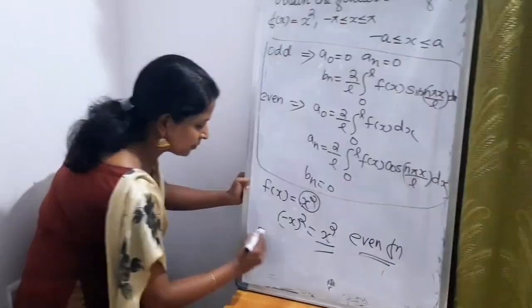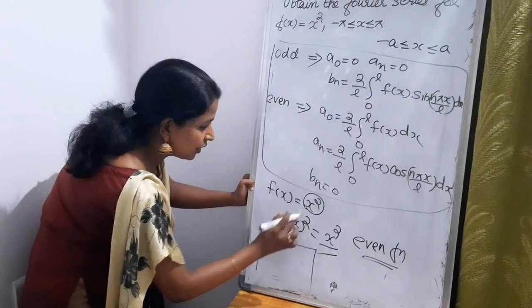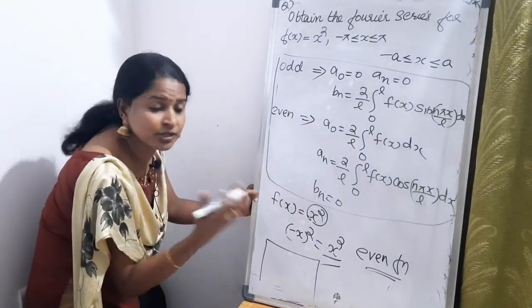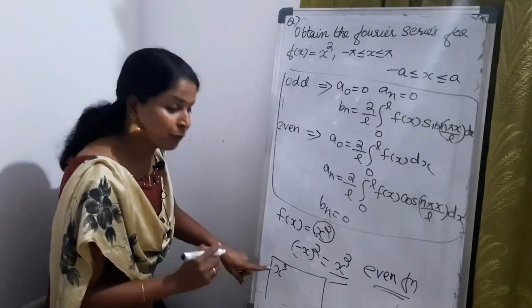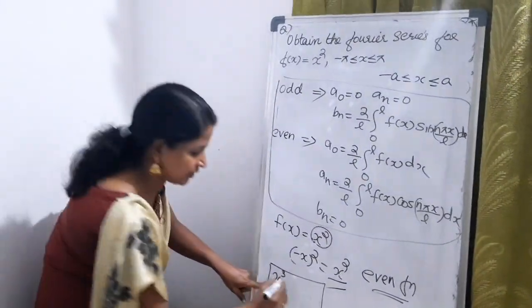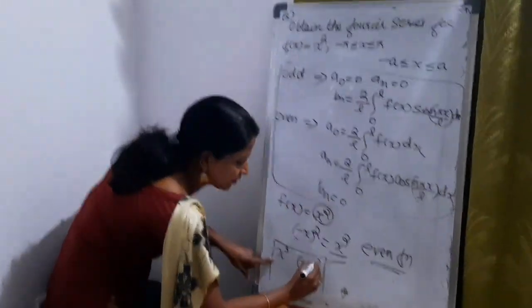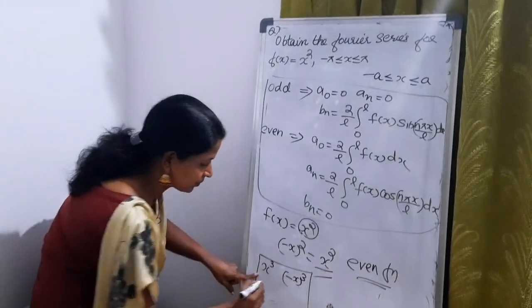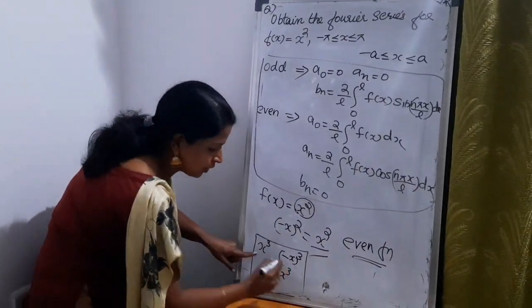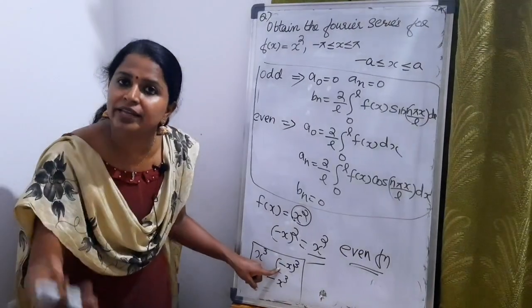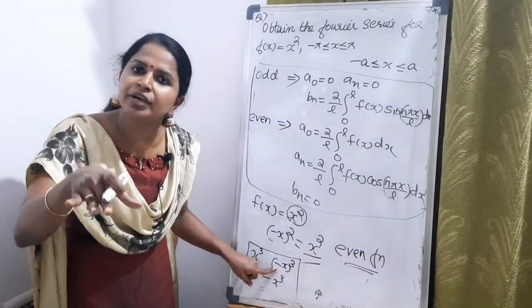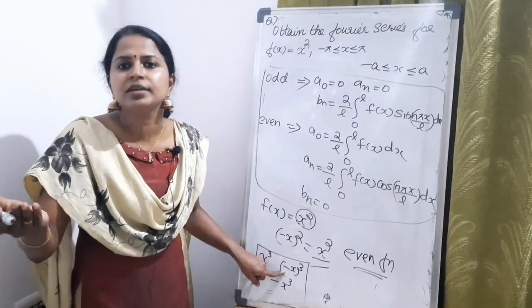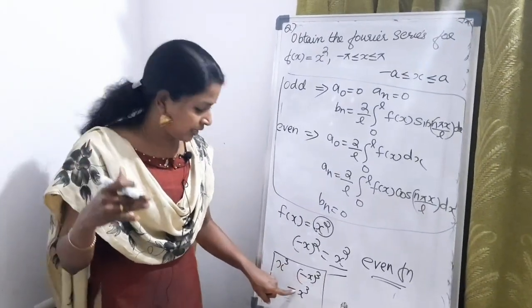For example, listen here. Suppose the function is x cube. We put x equal to minus x, that is minus x cube. Minus x into minus x into minus x: minus x into minus x is positive x square, again times minus x means minus x cube.